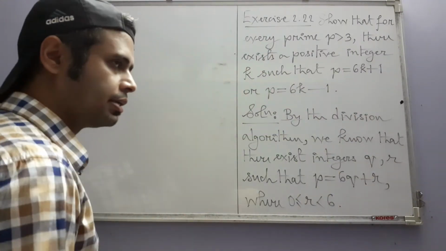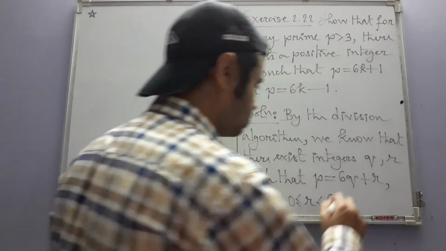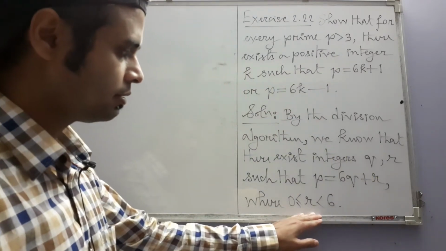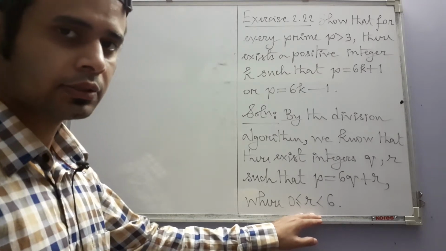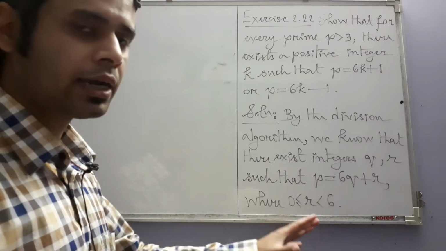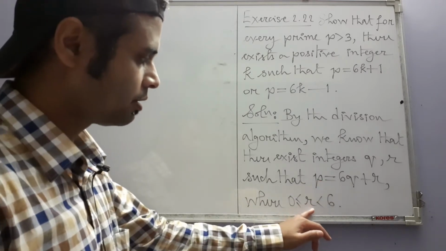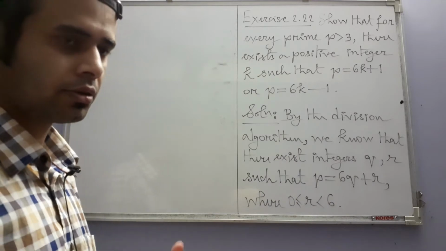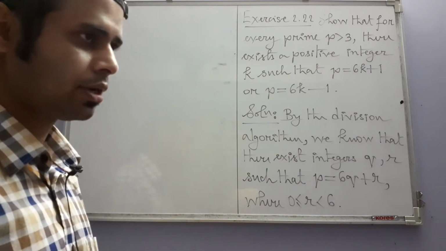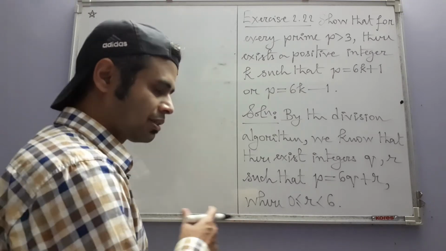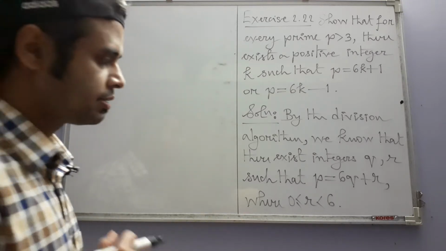That we can do later. But first let us observe that r takes 6 values. Originally r takes 6 values because r satisfies these inequalities. So r can either be 0 or 1 or 2 or 3 or 4 or 5. Some of them will be ruled out. We will see.